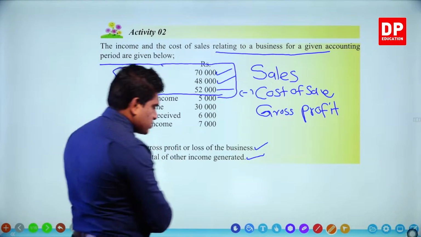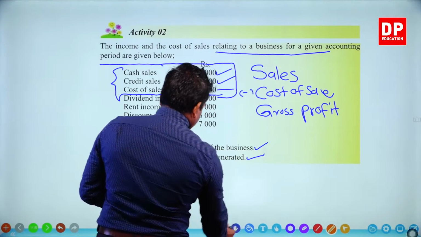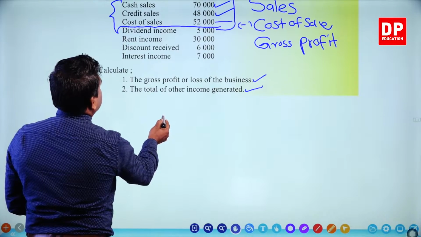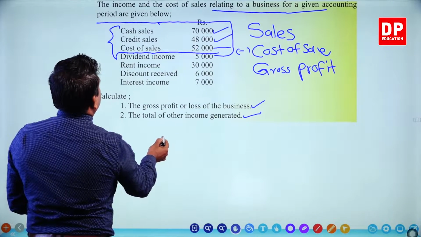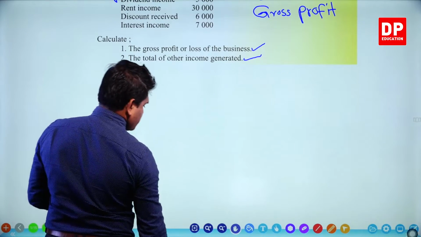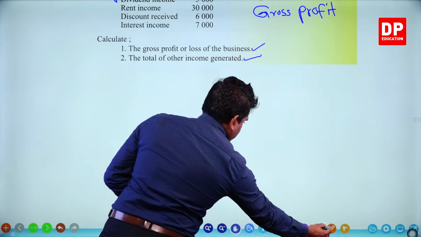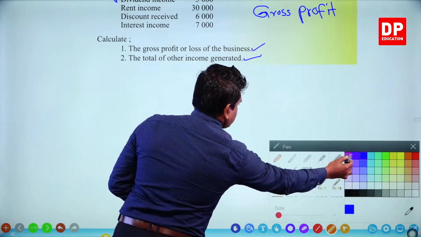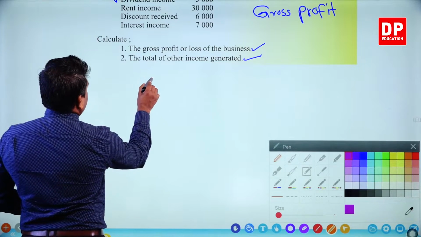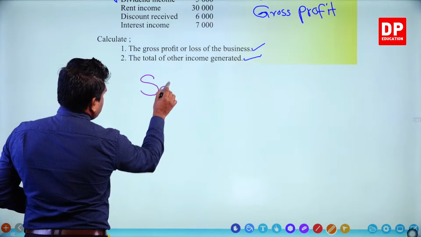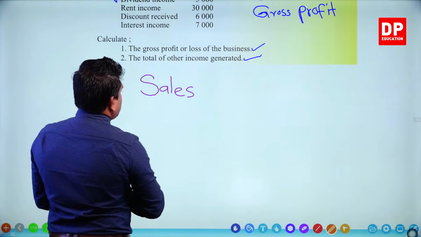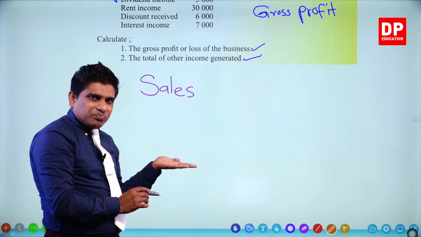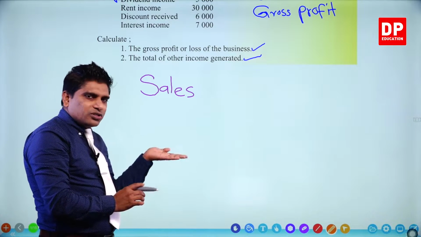Now, we'll see how to do the question, right? First, I use total sales. How do you calculate total sales? Here, if you want, you can write credit sales and cash sales separately, but then you have to use more space.